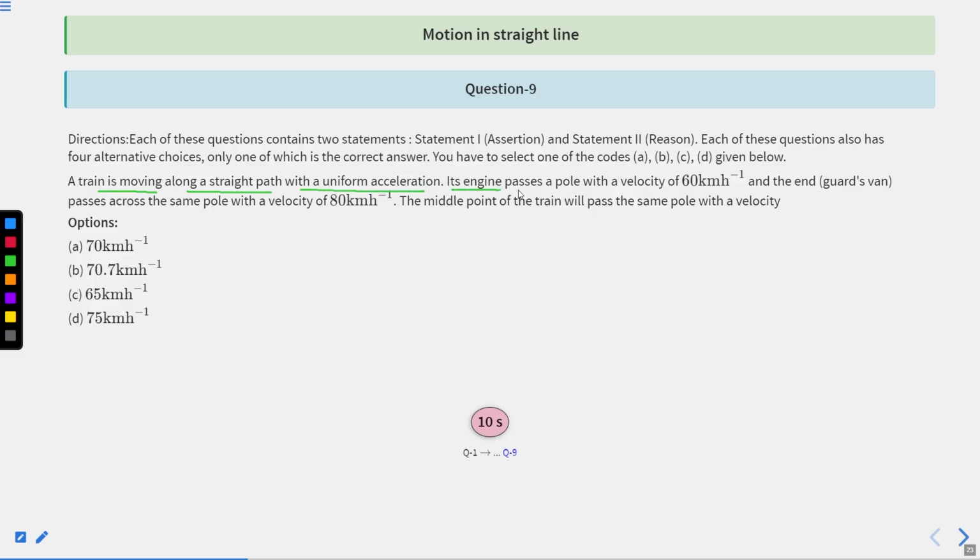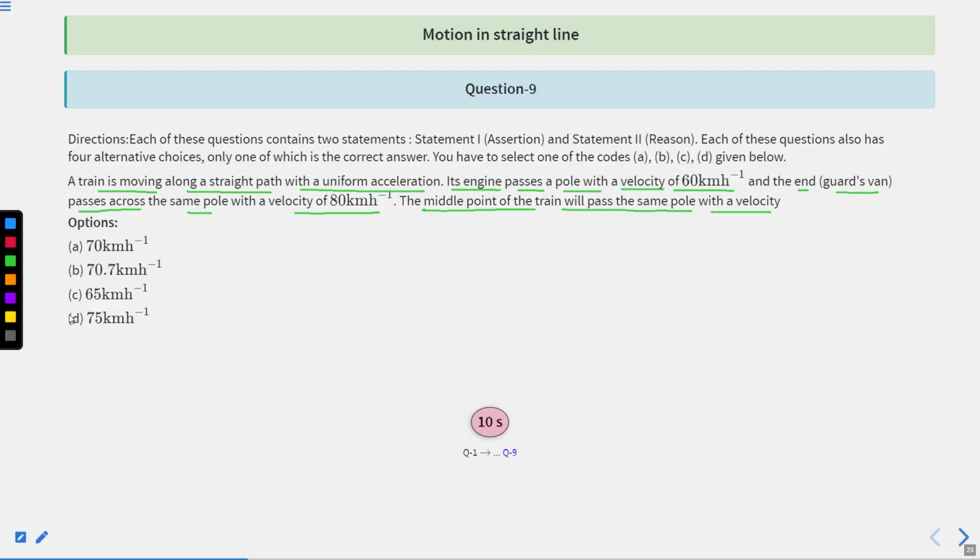Its engine passes a pole with a velocity of 60 km per hour, and the guard's van passes across the same pole with velocity 80 km per hour. The middle point of the train will pass the same pole with what velocity? Find out the velocity. You have 10 seconds to solve this question. After that, we will provide the solution.